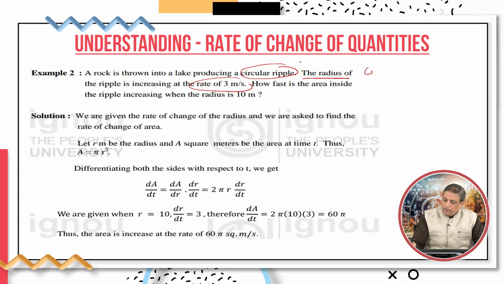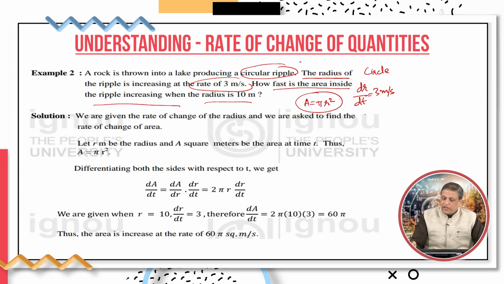So, there is a circle and the radius is increasing, the dr by dt is given to you, that is 3 meter per second, and it is asked how fast the area inside the ripple is increasing when the radius is 10 meters. So, the area of the circle, that is A equal to pi r square, is increasing with the radius. That means the area is varying with radius, and we are given dr by dt.